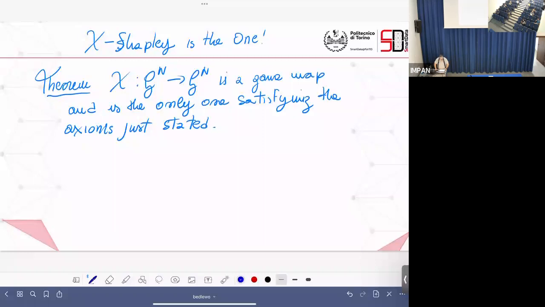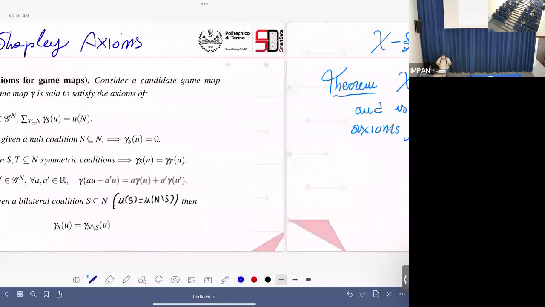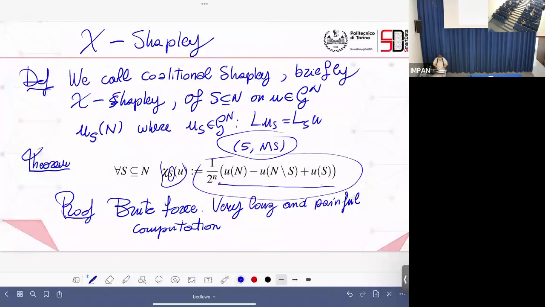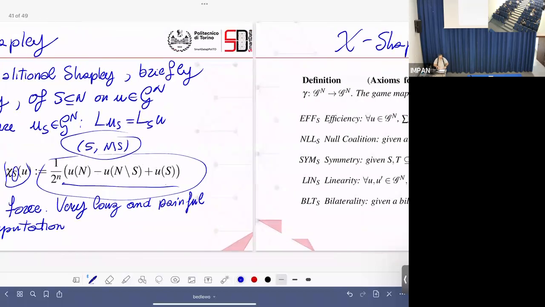So practically, this is for us the coalitional analog of the classical Shapley value, and although at the end we have this very simple formula, the proofs are based on the Hodge combinatorial decomposition. We really need to use the Laplacian and so on to prove the uniqueness. It's not based on the formula.